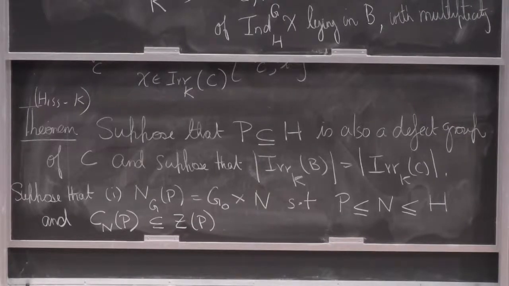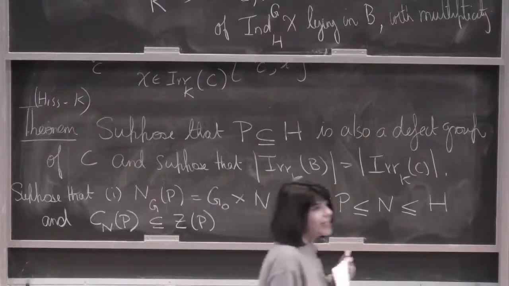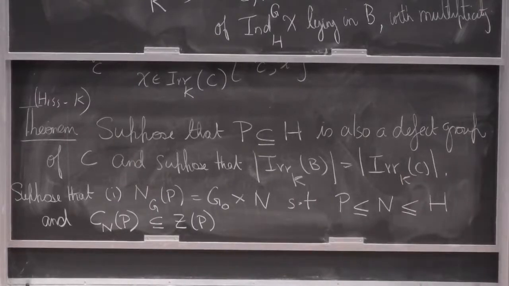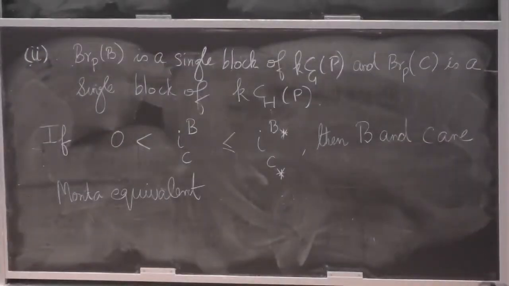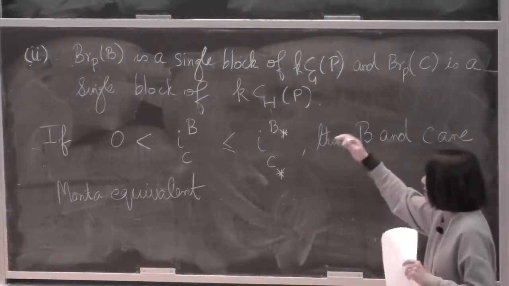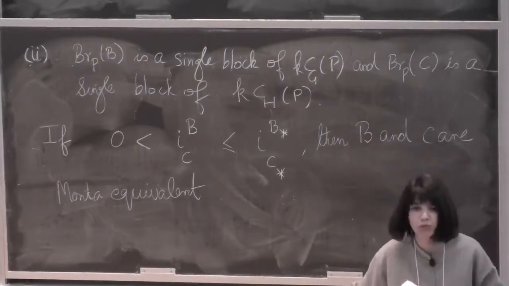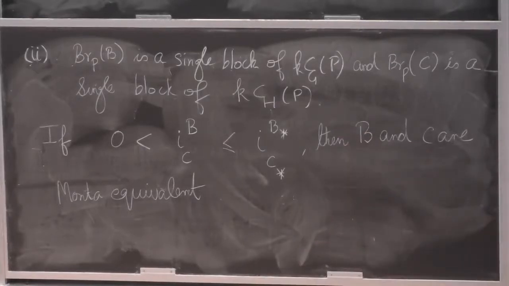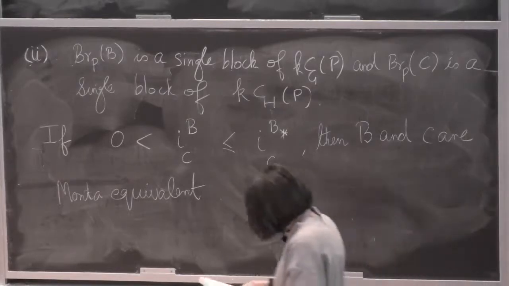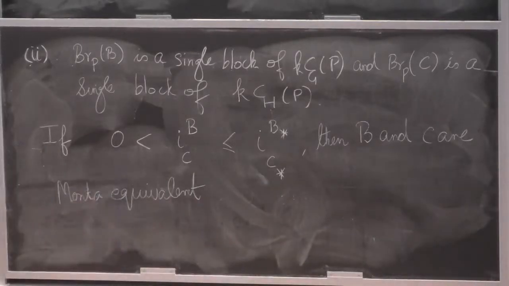In fact, the first time this argument was used, not in this way, was in a paper of Joanna Scopes in the early 90s, where she showed that Donovan's conjecture holds for blocks of the symmetric groups. This kind of theorem is sometimes called Scopes reduction. It's been quite useful for settling many cases of Donovan's conjecture and so on.